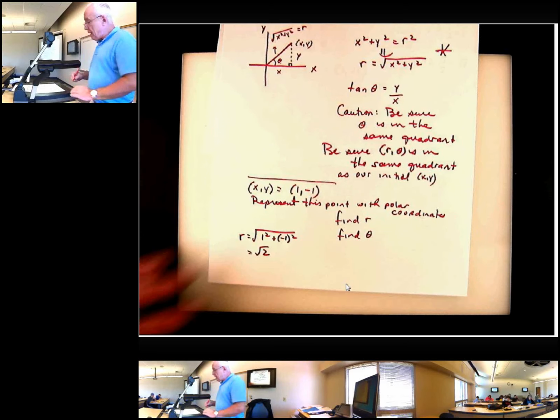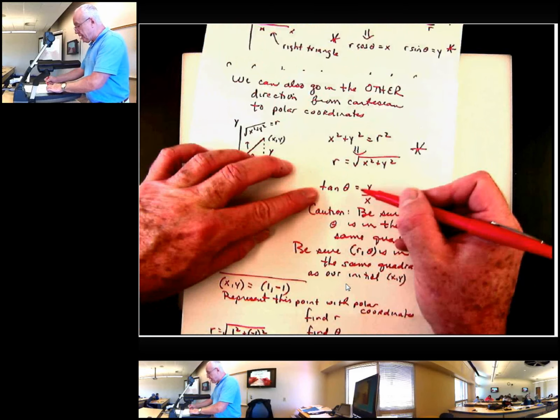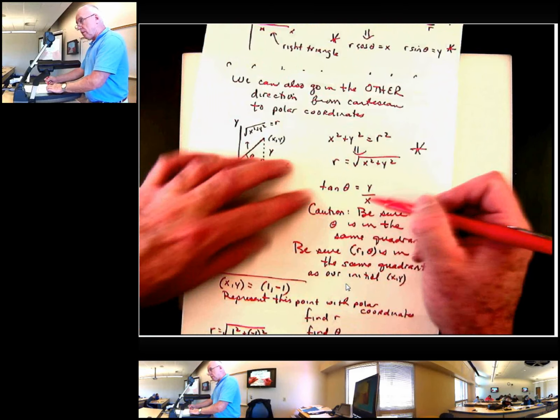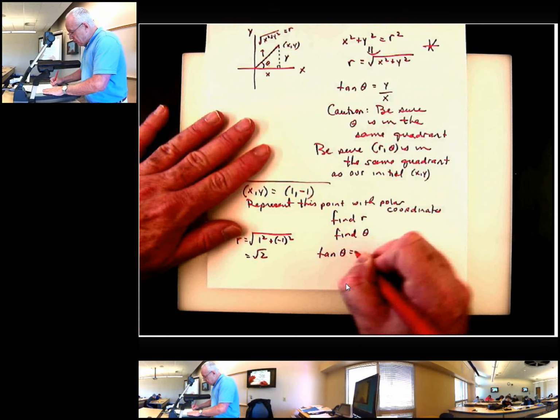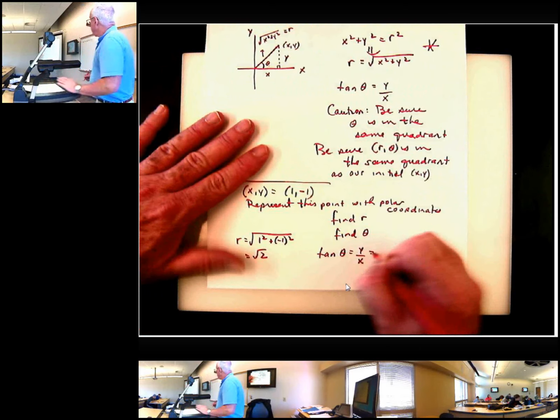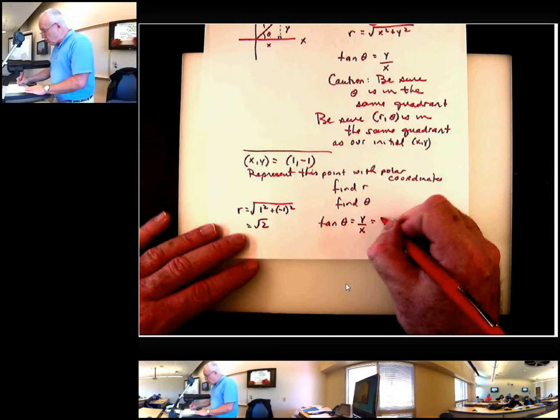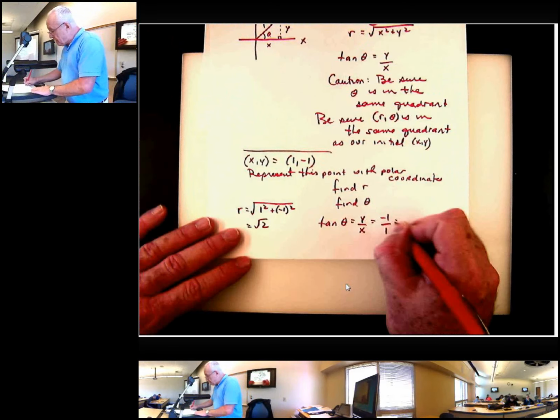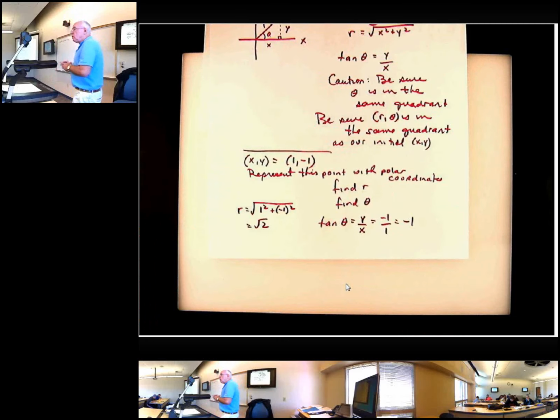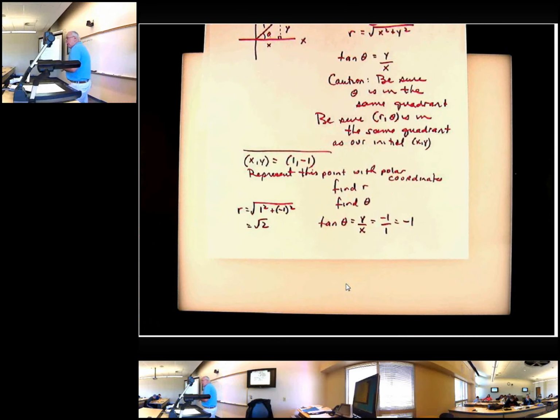All right. Now, remember, from up here, the tangent of theta is equal to y over x. So tan of theta is equal to y over x. Now, in this case, our y is negative 1, our x is 1, so that is equal to negative 1. So our tangent of theta is negative 1.